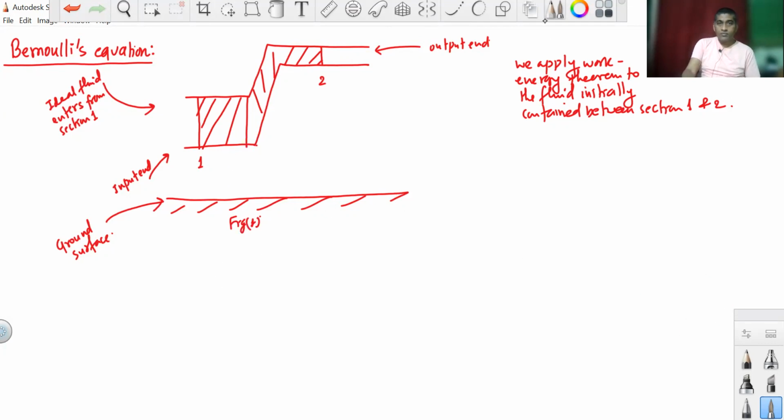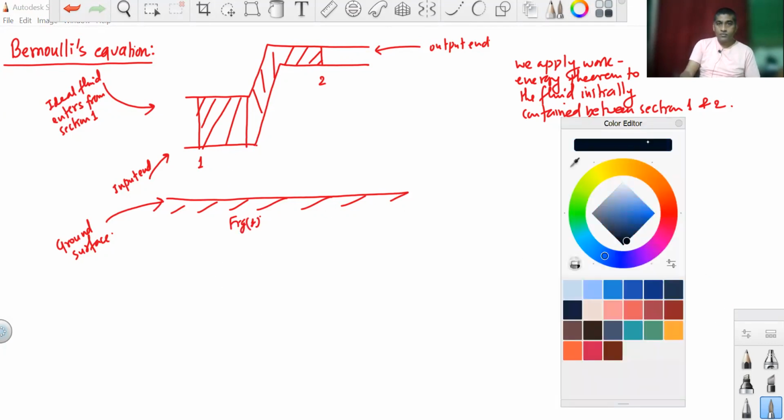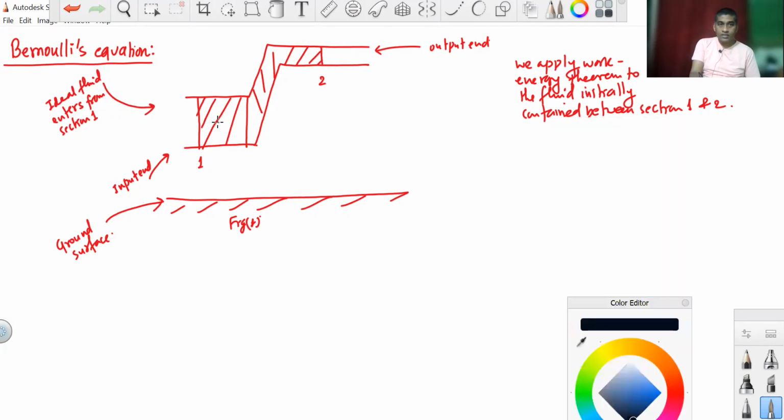Now let y1 be the height of fluid entering at section 1, and let y2 be the height of fluid from the ground surface leaving at section 2.